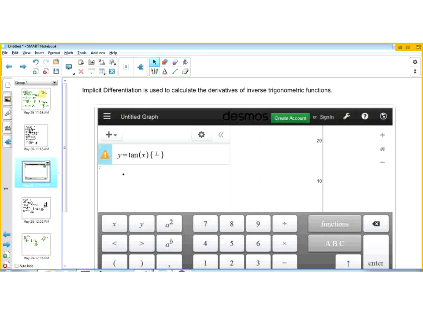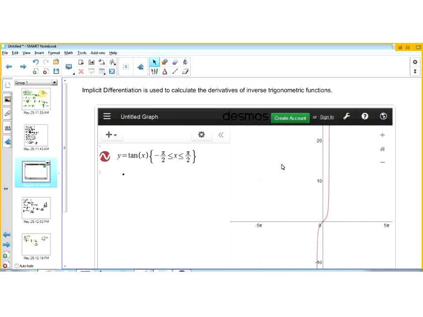All right, so we'll consider this piece, which is shown in red, to be the principal tan. And of course, as usual, we write it in uppercase.